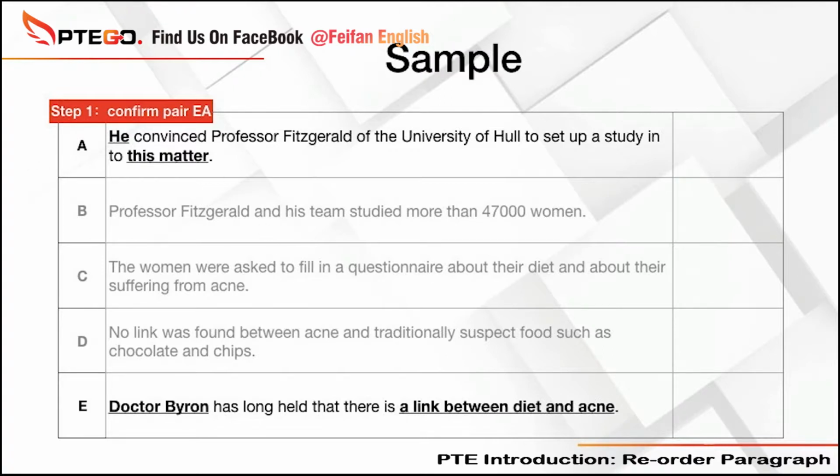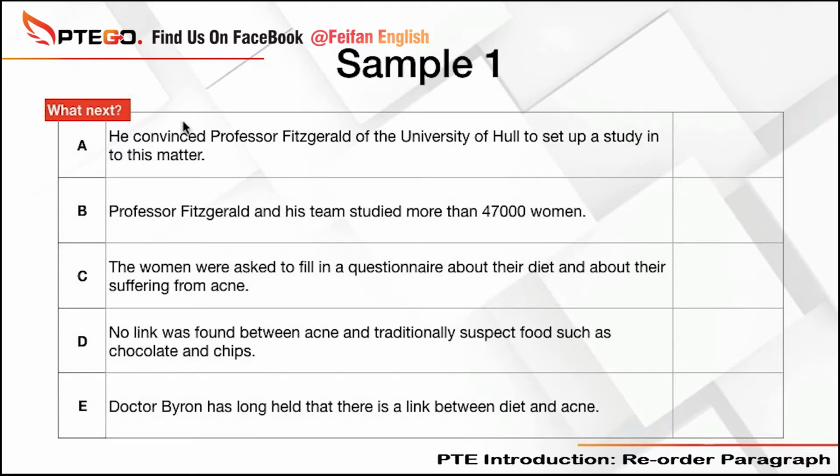Similarly, if we move ahead, what next? E and A are done. What is left is B, C, D. Now let's try to find some kind of sequence or storytelling within these 3 sentences. The professor and his team did some study about women.